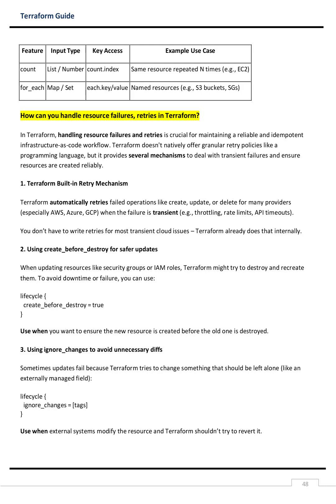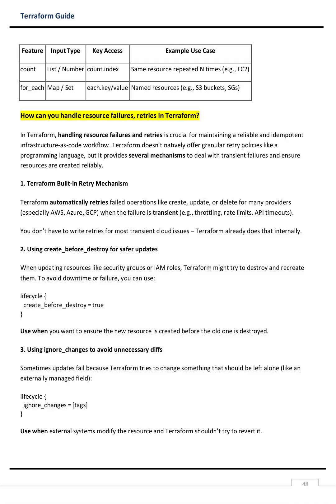How can you handle resource failures and retries in Terraform? In Terraform, handling resource failures and retries is crucial for maintaining a reliable and idempotent infrastructure as code workflow. Terraform doesn't natively offer granular retry policies like a programming language, but it provides several mechanisms to deal with transient failures and ensure resources are created reliably. 1.